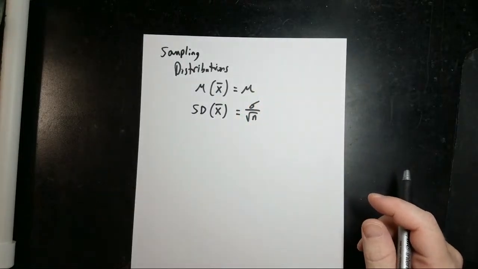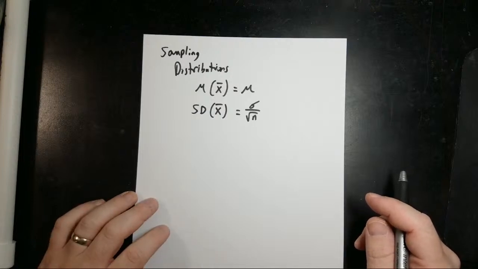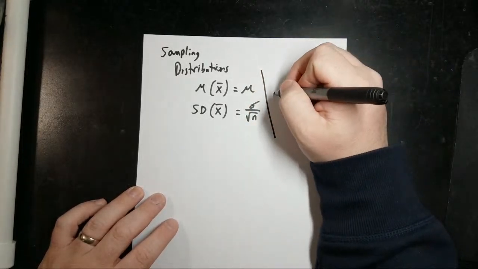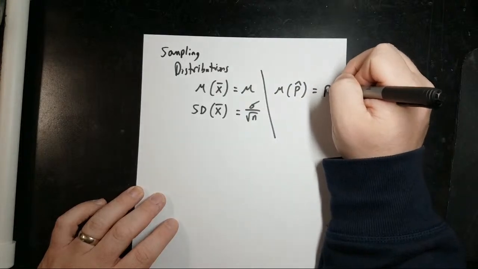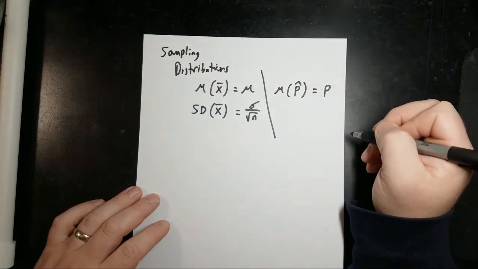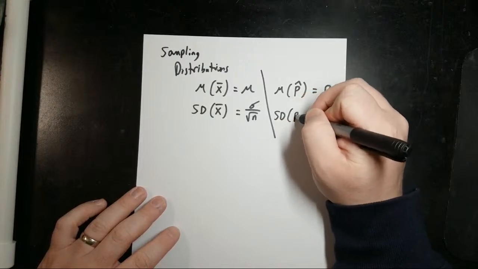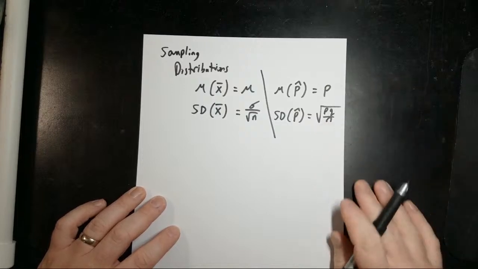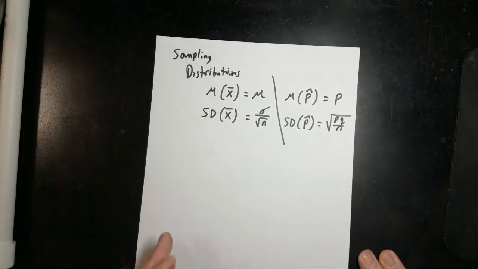And that's if you're dealing with quantitative data. If you were dealing with categorical data, then I'm dealing with p hat this time. Your assumed average would still be the population p, but your standard deviation of p hat would be the square root of pq over n. Notice the n being in the bottom of the fraction underneath the square root.